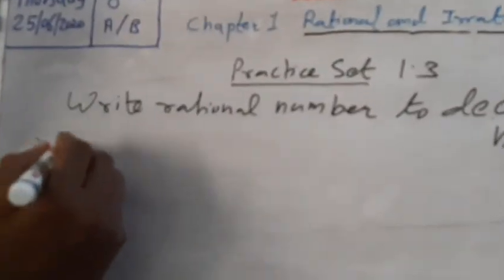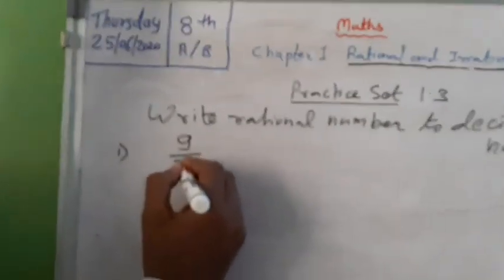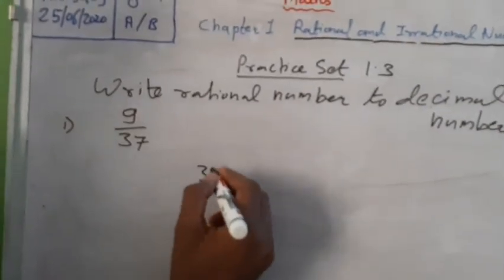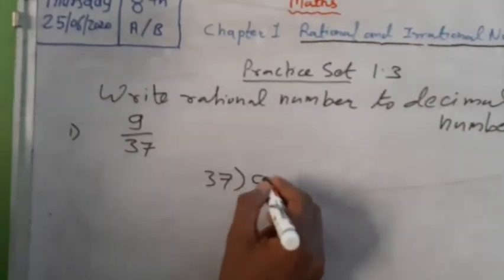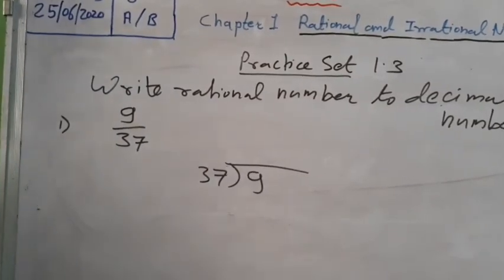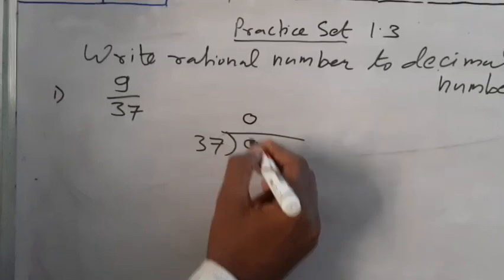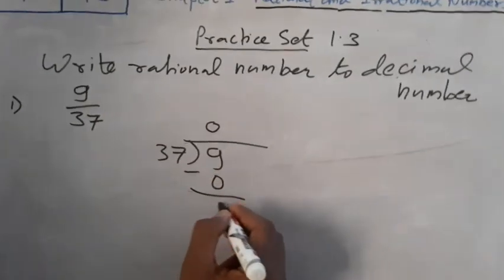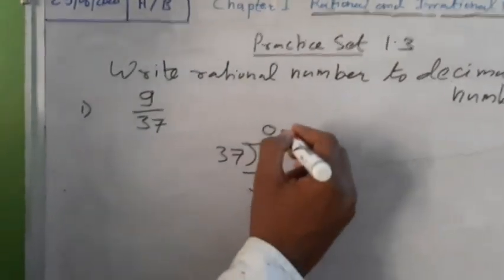See children, we consider the first example, 9 upon 37. Your 37 table, 9 is not there, so 0. 9 minus 0 is 9.